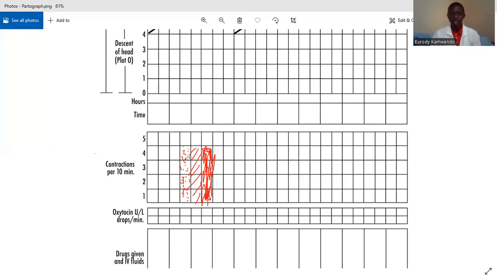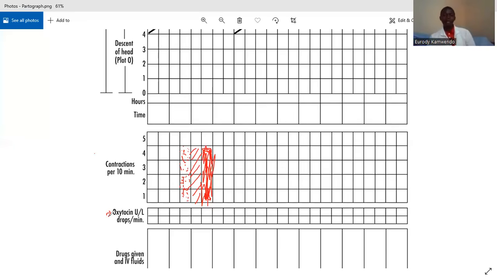So that is how you shade the contractions. You place the hand on the abdomen, and you can literally feel and count how many contractions there are in a space of 10 minutes. Once you fill in this portion, you move on to oxytocin. Remember, oxytocin promotes contractions, and you mainly give it in IV fluids while in labor.